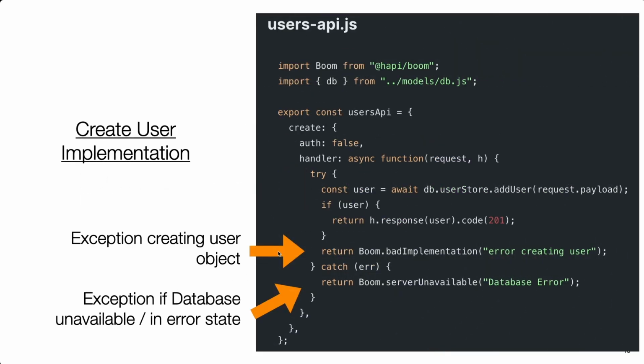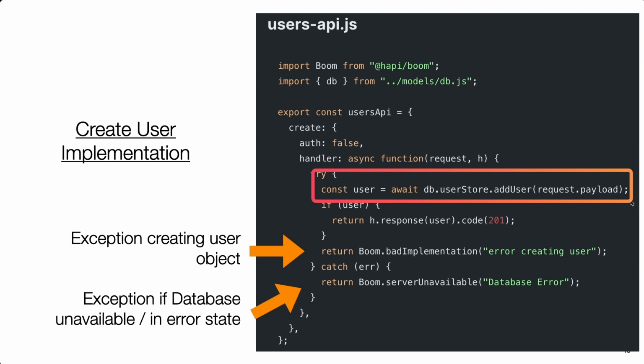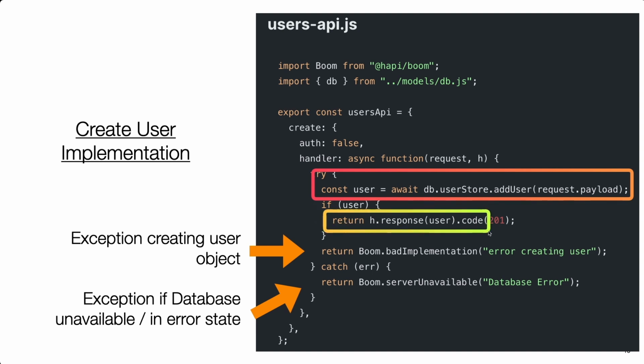So how do we implement that? Well, the implementation is a little bit more involved, but not much. We're creating a new user. So in here, we are creating the user, which is fine. If we got a non-null value back, we're happy enough. We've created the user, and here's an example of us returning the user plus a 201 code.